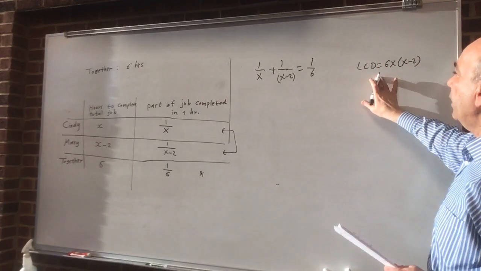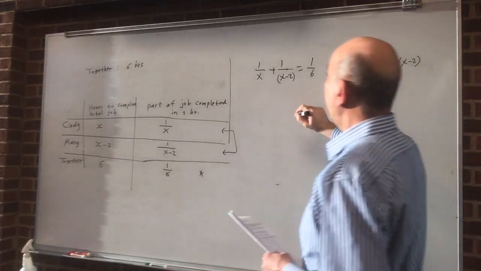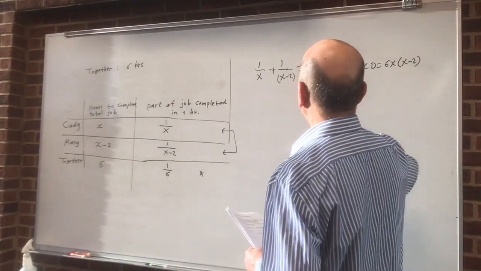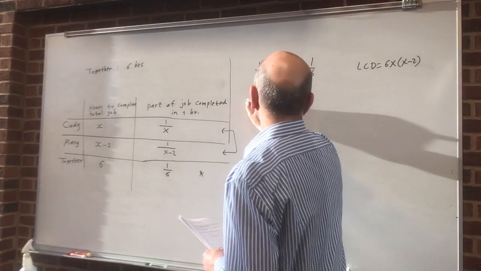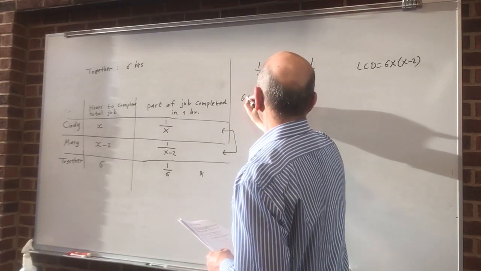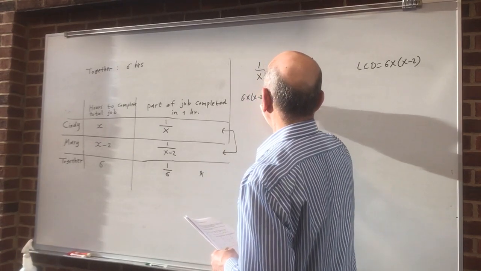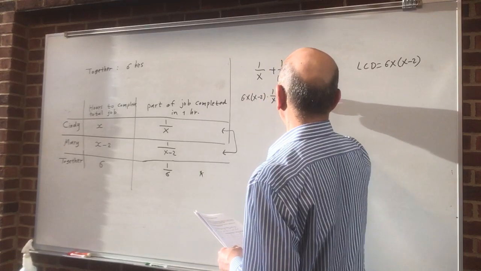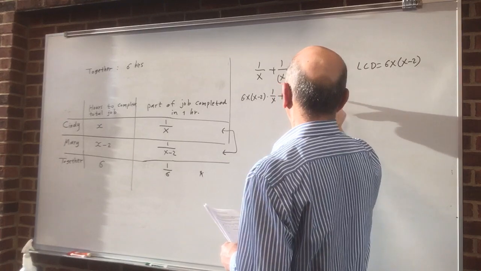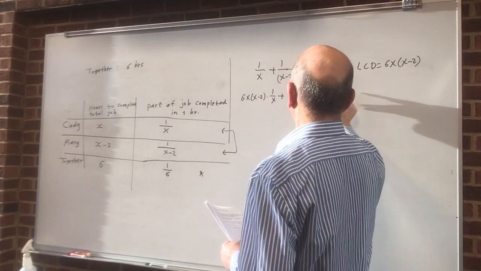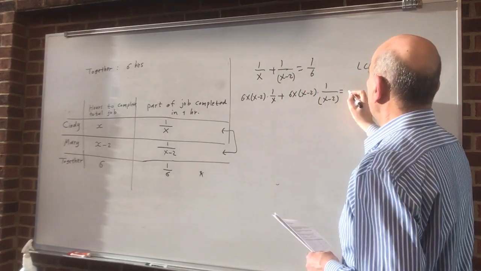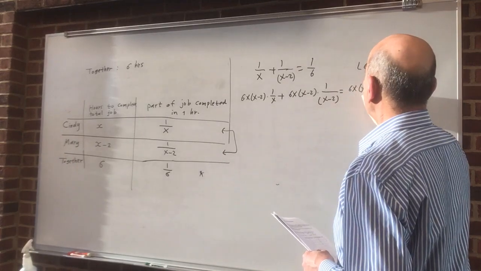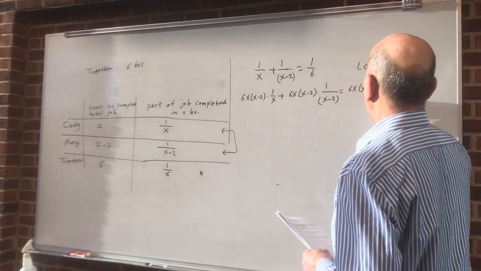Now multiply each term by the least common denominator. So 6x times x minus 2 times 1 over x, plus 6x times x minus 2 times 1 over x minus 2, equals 6x times x minus 2 times 1 over 6.